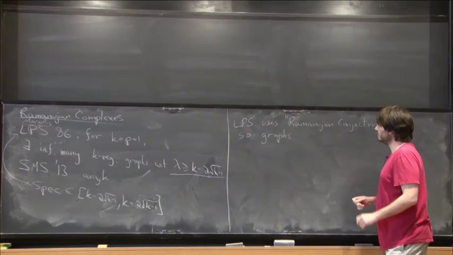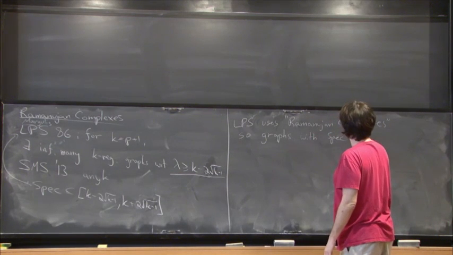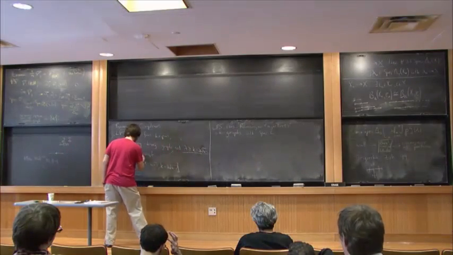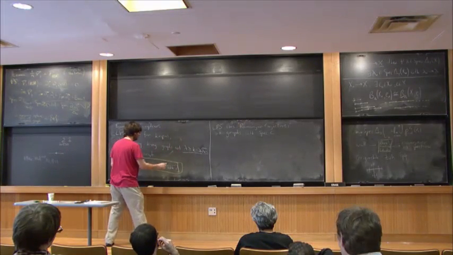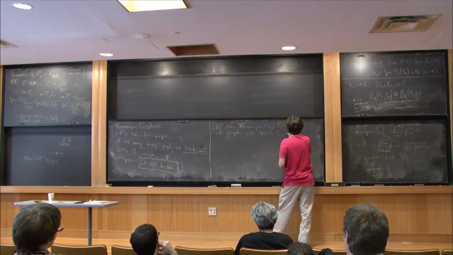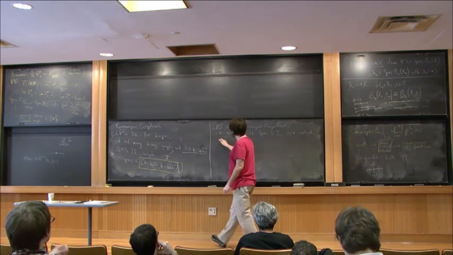And so the graphs with spectrum inside this strip, I'll call this interval I, are called Ramanujan graphs.